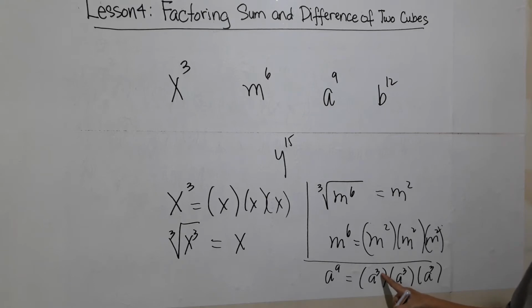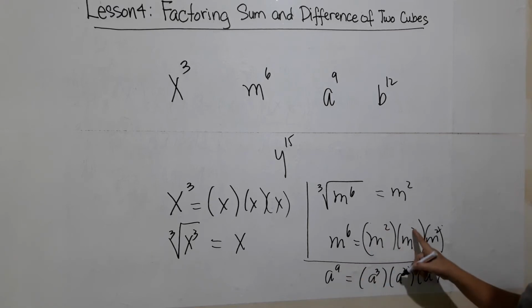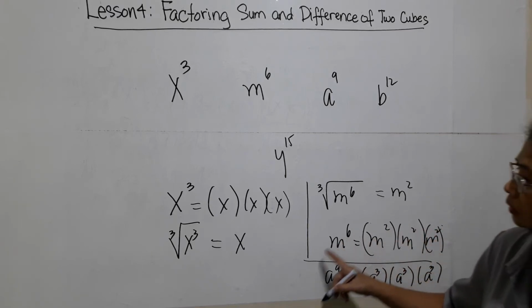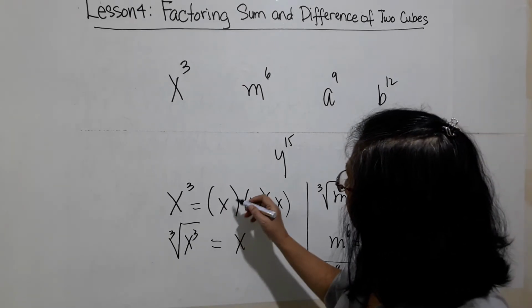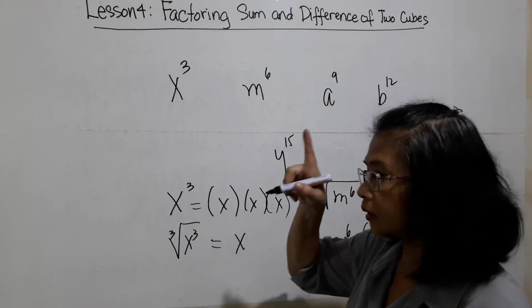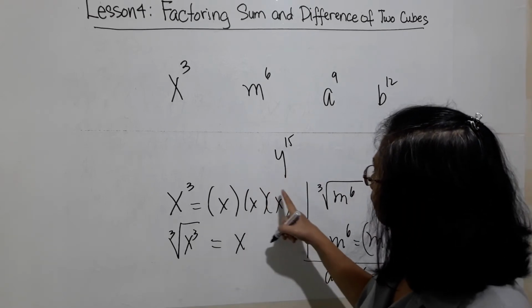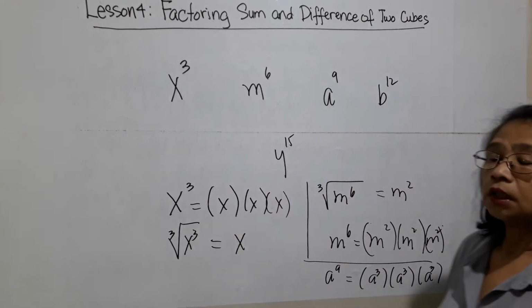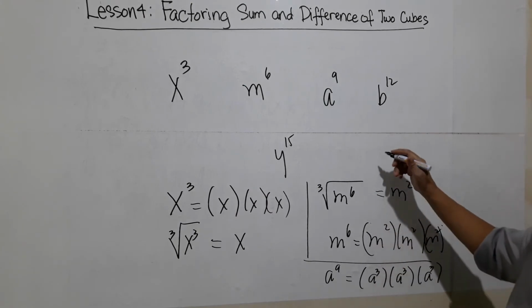If you add all the exponents, 3 plus 3 plus 3 will give you 9. 2 plus 2 plus 2 will give you 6. If there is no exponent, it means the exponent is 1. So 1 plus 1 plus 1 is 3. Do you get it?